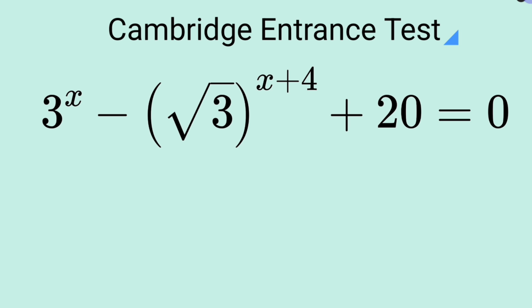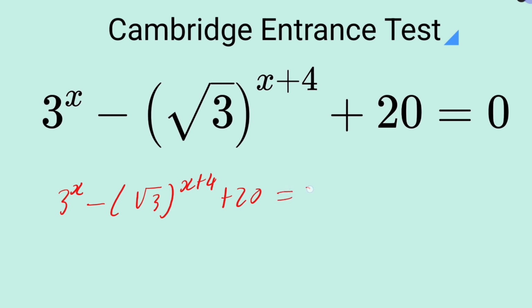So the first step here, we're going to rewrite the equation so that all exponential terms have the same base. We have the original equation, which is 3 to the power x minus bracket the square root of 3 all this to the power x plus 4 plus 20 is equal to 0.